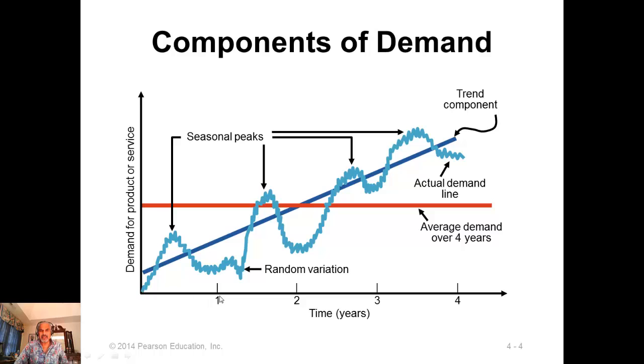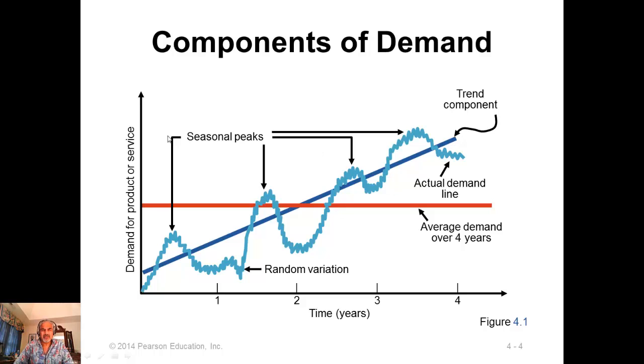Now within each cycle, it could be years, and if it is years, it could be monthly ups and downs or quarterly ups and downs, seasonality, so Christmas season and summer and winter and so on. So these repeat cycle after cycle after cycle.